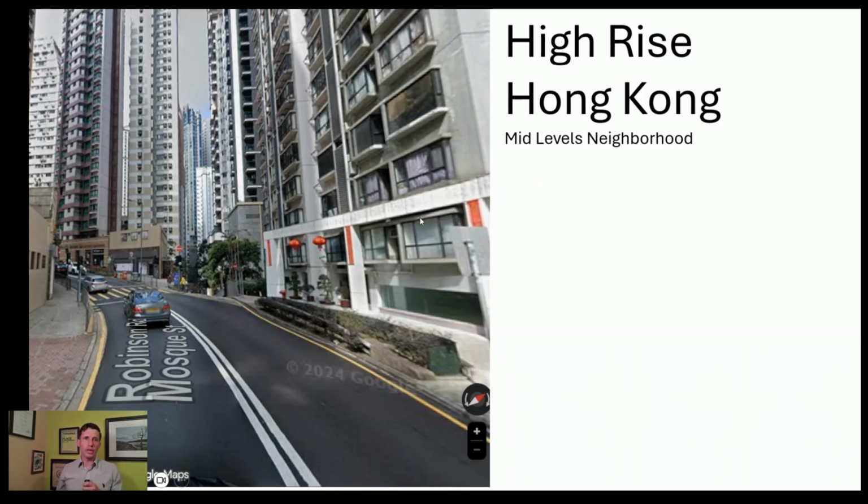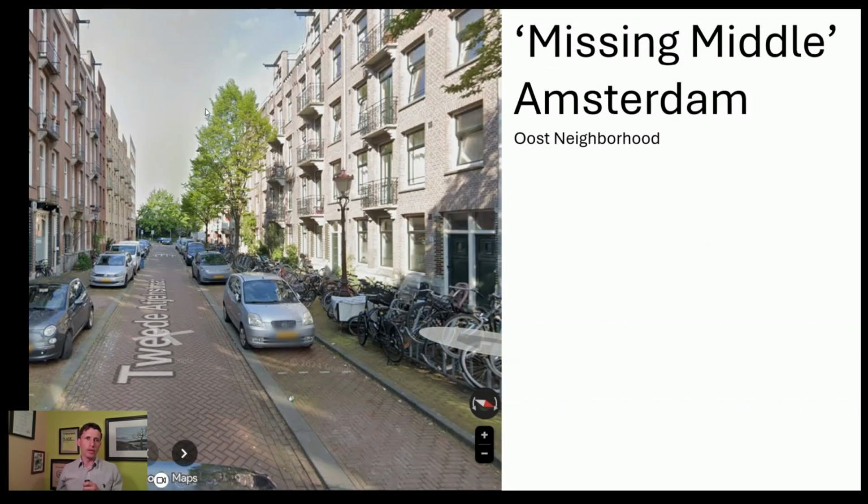Here is a street view from a typical residential area in Hong Kong called the Mid-Levels neighborhood. As many of you have probably seen in pictures, or if you have been to Hong Kong, you know that there are lots of high rises. People live in fairly high density residences there. Now here's another street view from the Oost neighborhood in Amsterdam. I apologize if I'm pronouncing that incorrectly.